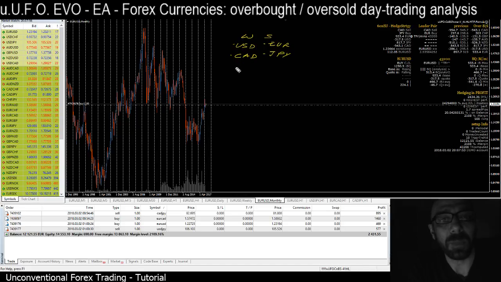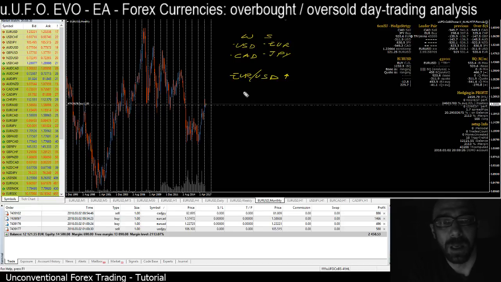Okay, but what is logical is that you trade something weak and overbought against something strong and oversold. Okay, so in this scenario, of course, Euro and USD, which provides this pair, should have been in buy.